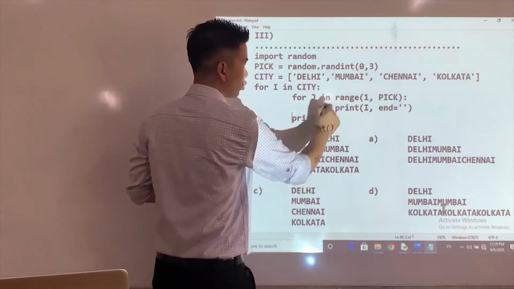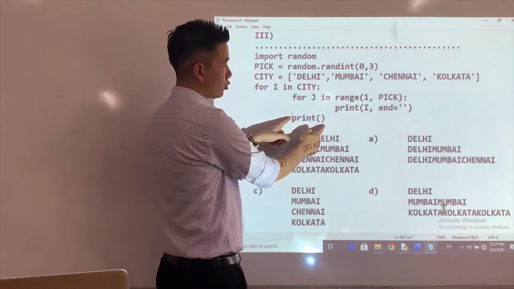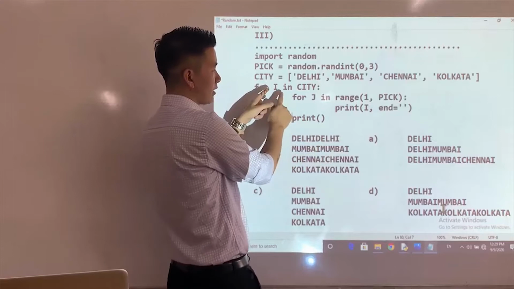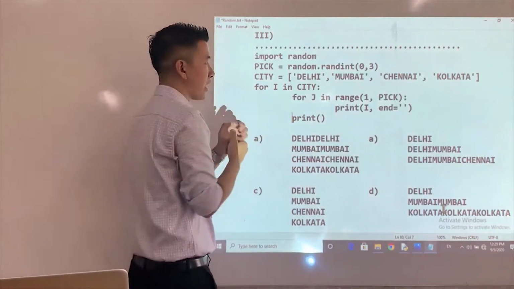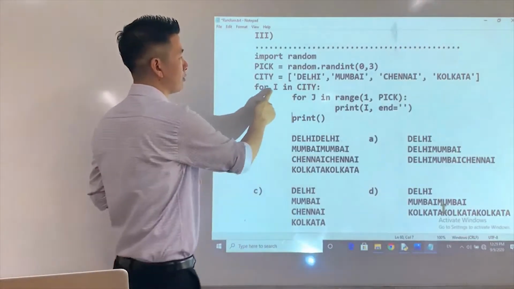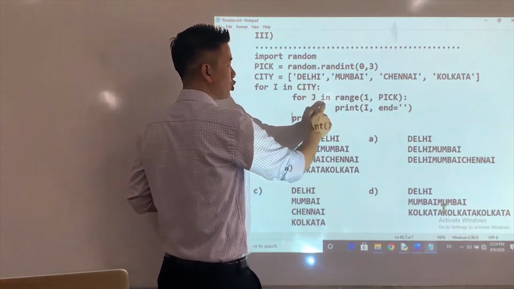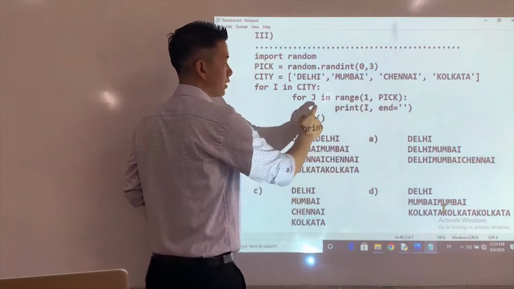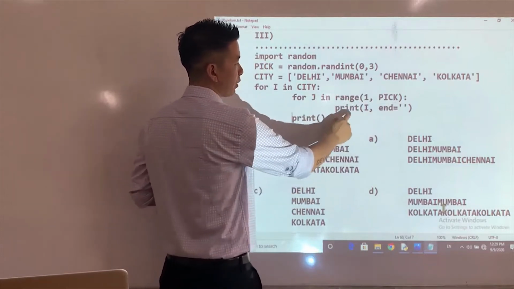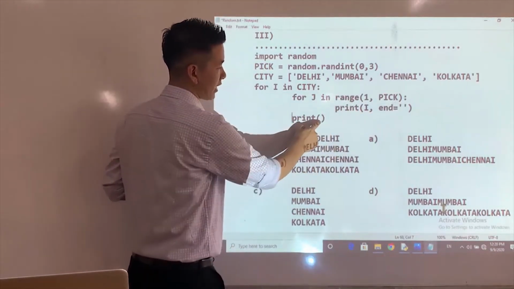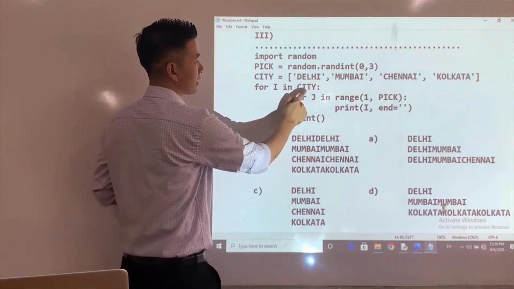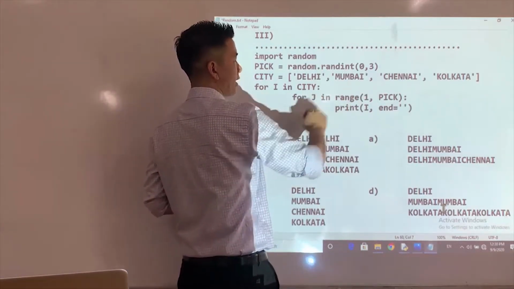And then the loop gets over, the cursor will go to the next line, and then it will go for the next outer loop. The next value of I will be Mumbai, right? And then again, for j in range 1, 2, the value of j will be 1. Print I, Mumbai will be printed. Again, it goes to the next line, the I in city, this will be Chennai, okay?